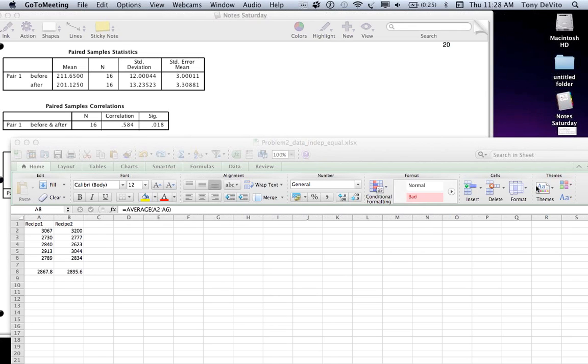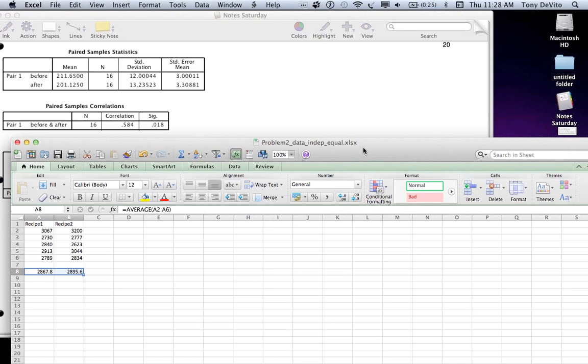When you're working on the exam, you don't have to flub around a lot if you practice a little bit beforehand using SPSS, even with numbers that you make up yourself, just getting familiar with the menus and the selections and the choices that you can use.